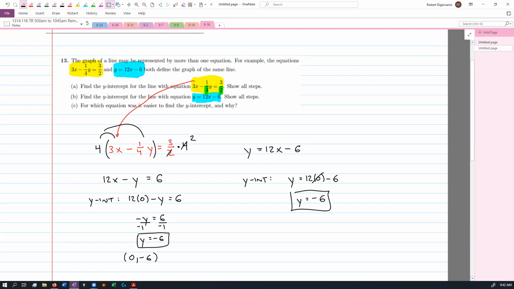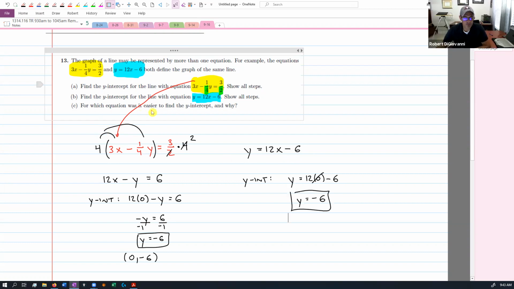Same answer. So what they're asking you now is which of these was easier to do? Was it easier to do part A or part B? For part A, we had to clear the fractions, right? Then we had to divide by -1 here. So it's a little more work.